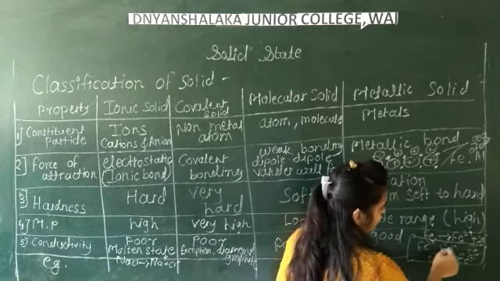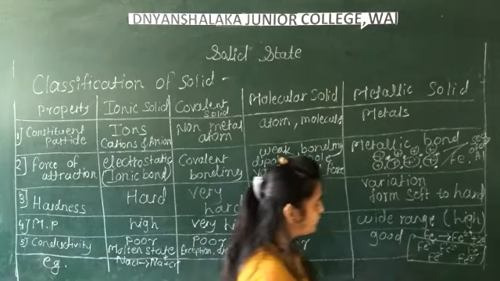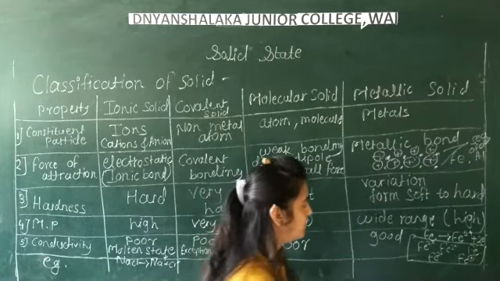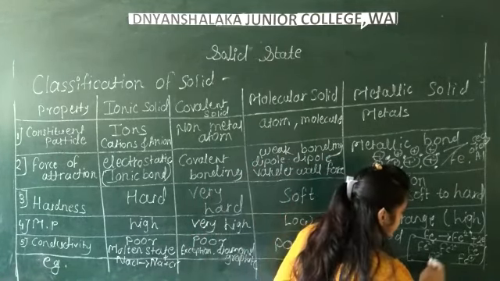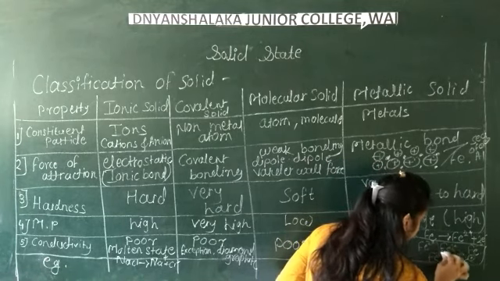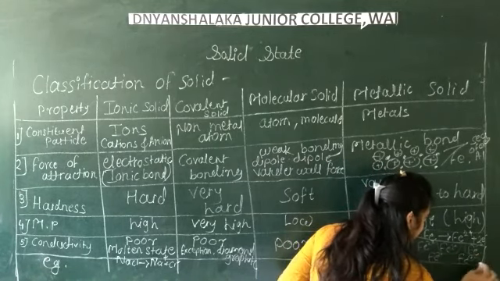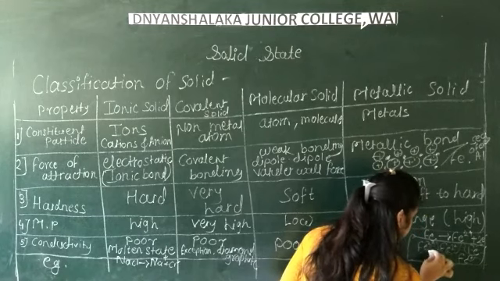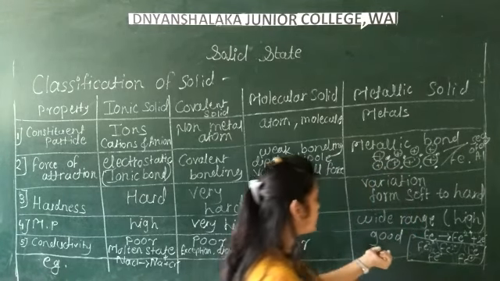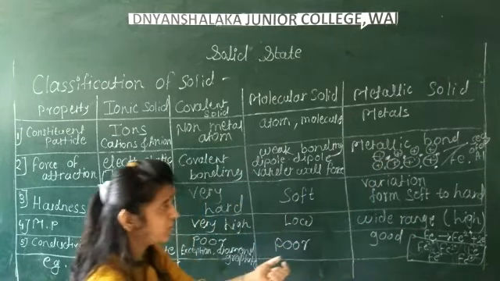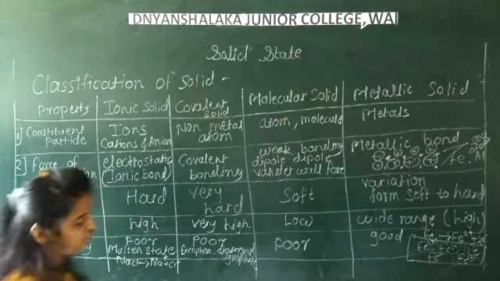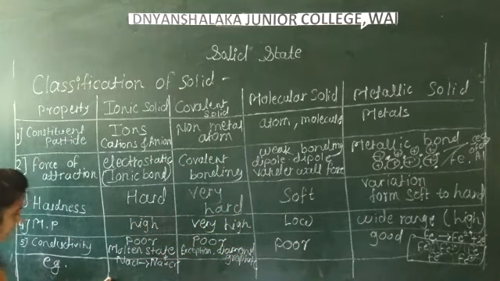For example, 1, 2, 3, 4, 5: 5 ferrous ions means 10 electrons float around the iron cations. So it shows good conduction of heat and electricity. For the last point, we gave examples so that it is clear.